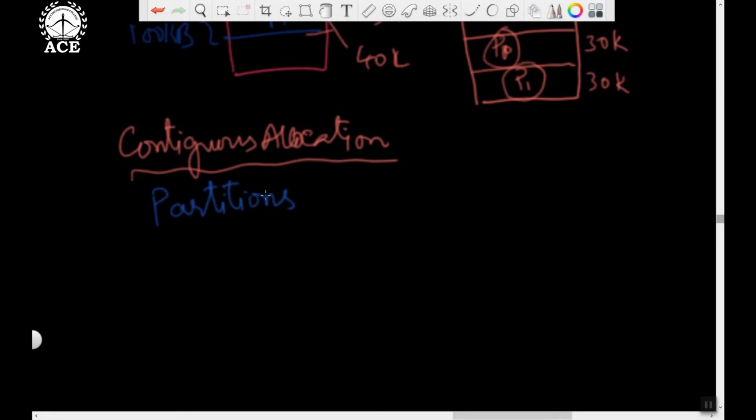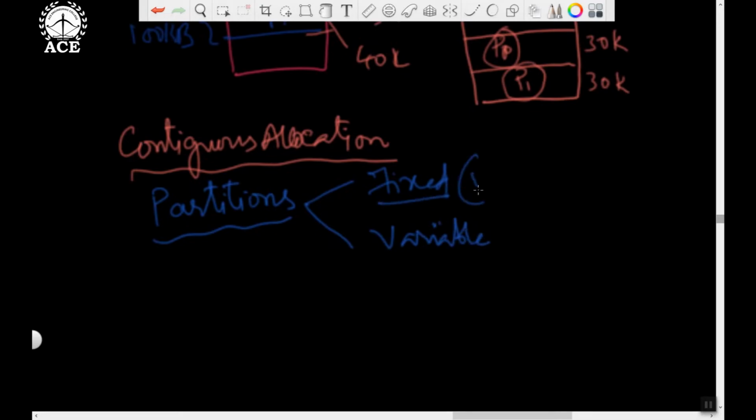So what is going to happen in non-contiguous? After seeing the classification, I would first give you a review with regard to contiguous allocation. The major important technique that we discussed in contiguous allocation was partitions.